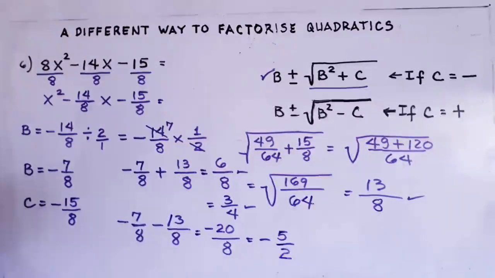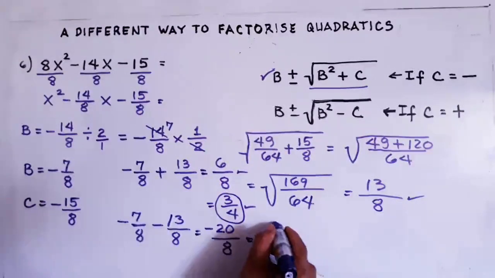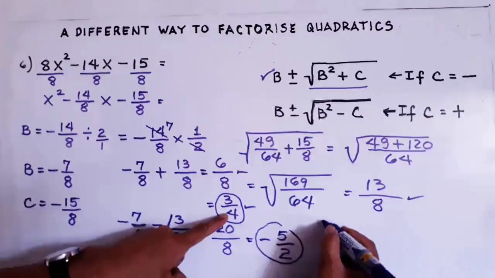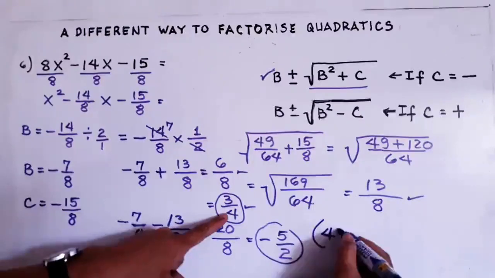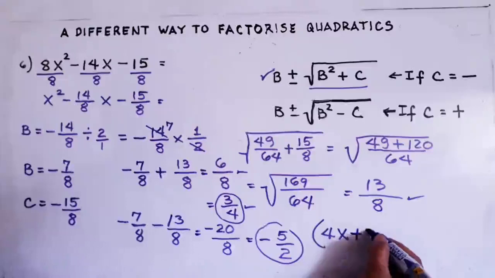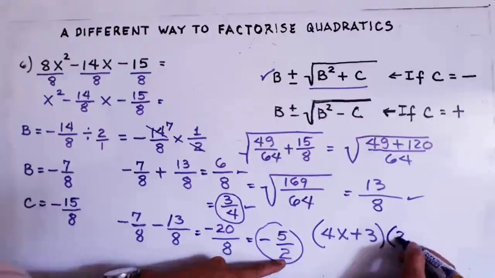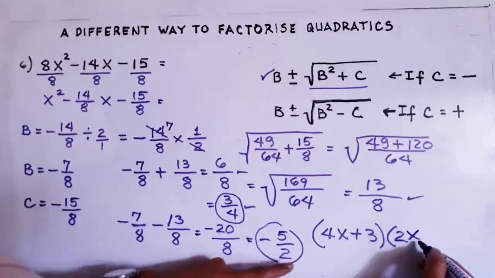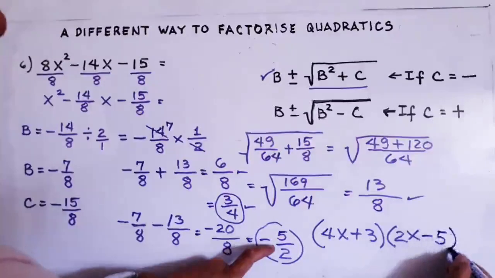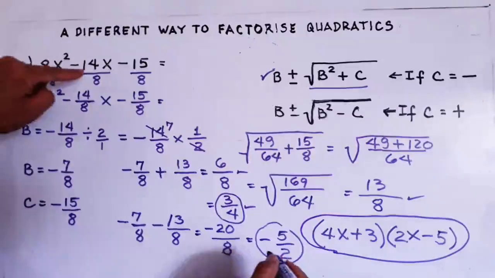So here we have 3/4 and negative 5/2. So we have 4x plus 3, and 2x minus 5. So this is our factor for this one.